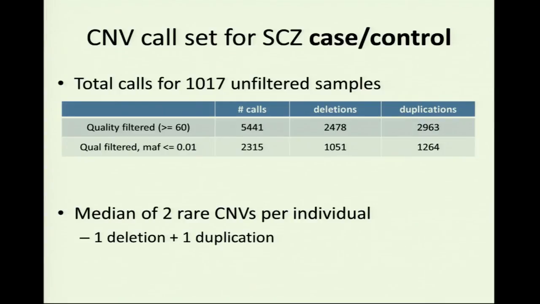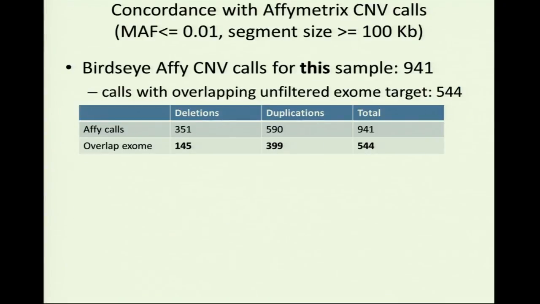Are they real CNVs? So what we actually had for this same data set, we also had Affymetrix-based calls. So it's from a GWAS chip, so an array-based CNV calls for the same cohort of 1,000 samples. And we subsetted that down to those CNV calls that were done genome-wide to those that actually overlap some exome target.